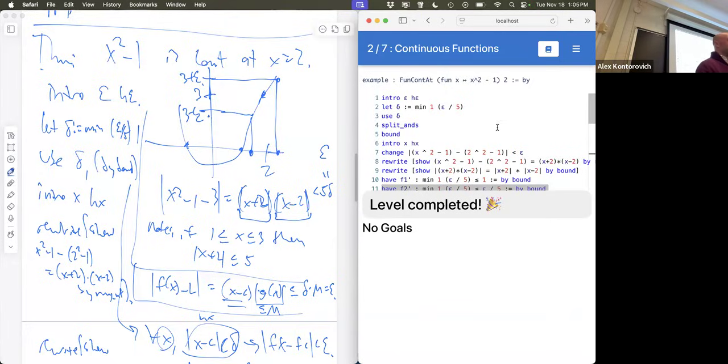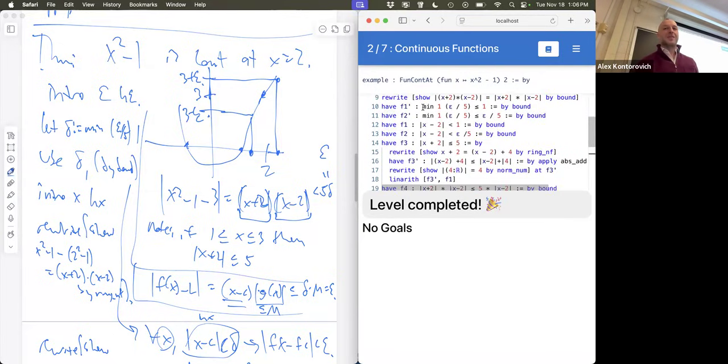Okay. What's the under the hood definition of min? You don't want to know. Well, you can say if the first thing is greater than the second, then it's the second, else the first. That's one way you can think of it. But when you first introduced min, I assumed we have to do a by cases kind of thing.